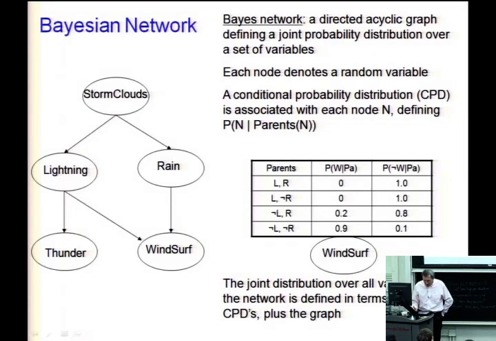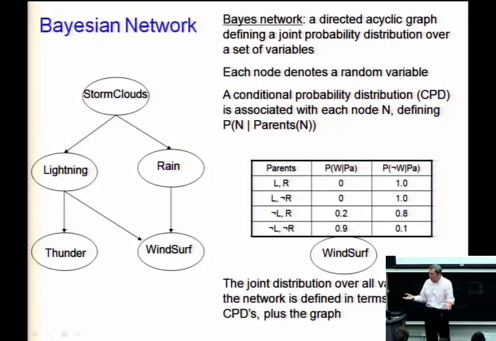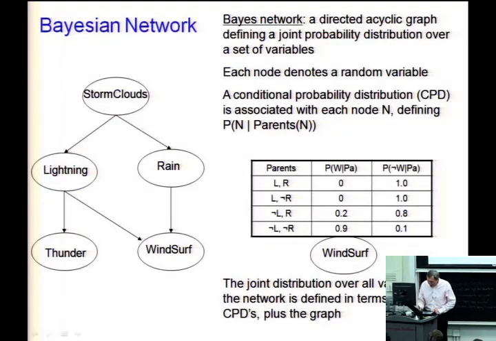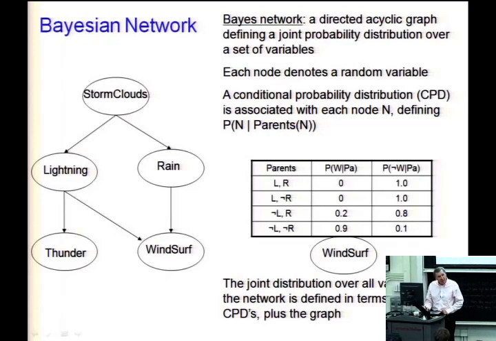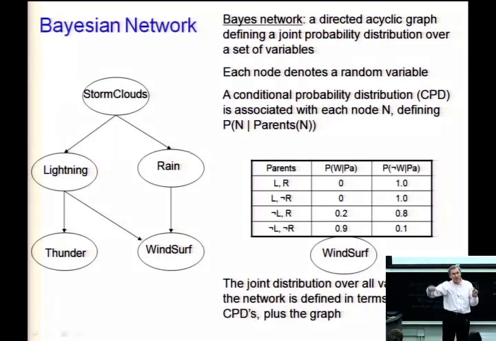First of all, these kind of graphical models that have directed edges, as I mentioned, we'll call these Bayes networks. And a Bayes network is simply a directed acyclic graph. Okay, directed means the edges have arrows on them. Acyclic means there are no directed loops in the graph.